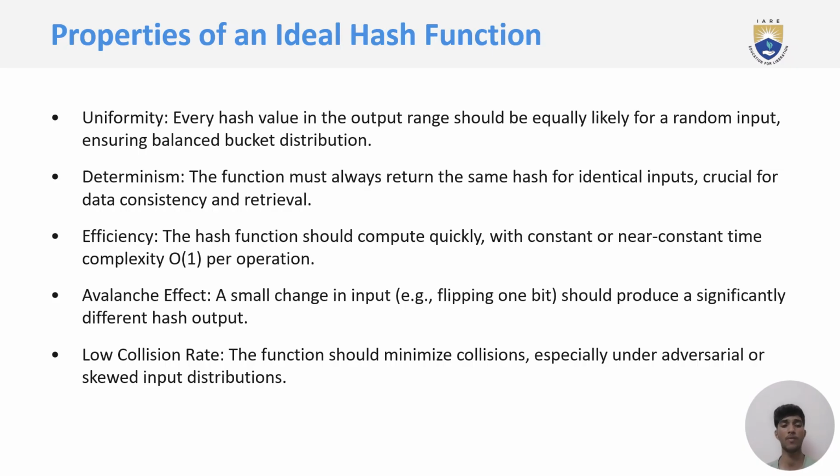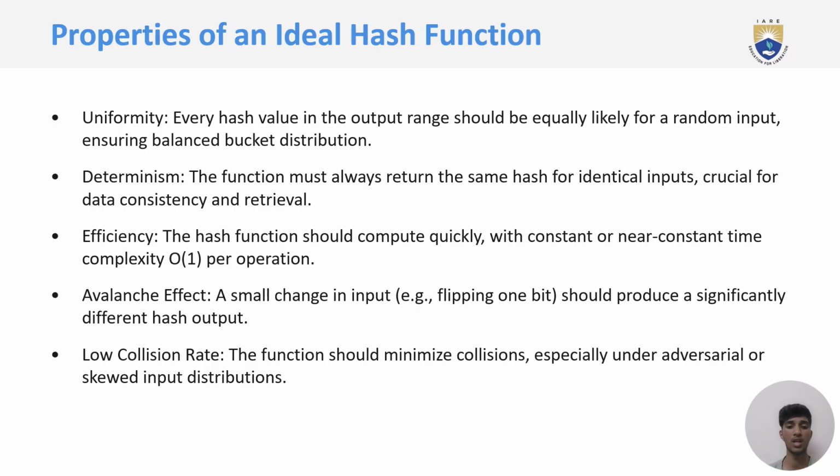Properties of an ideal hash function. An ideal hash function has several important properties. First is uniformity, meaning hash values should be evenly distributed across all buckets. Second is determinism, meaning the same input always produces the same hash output.